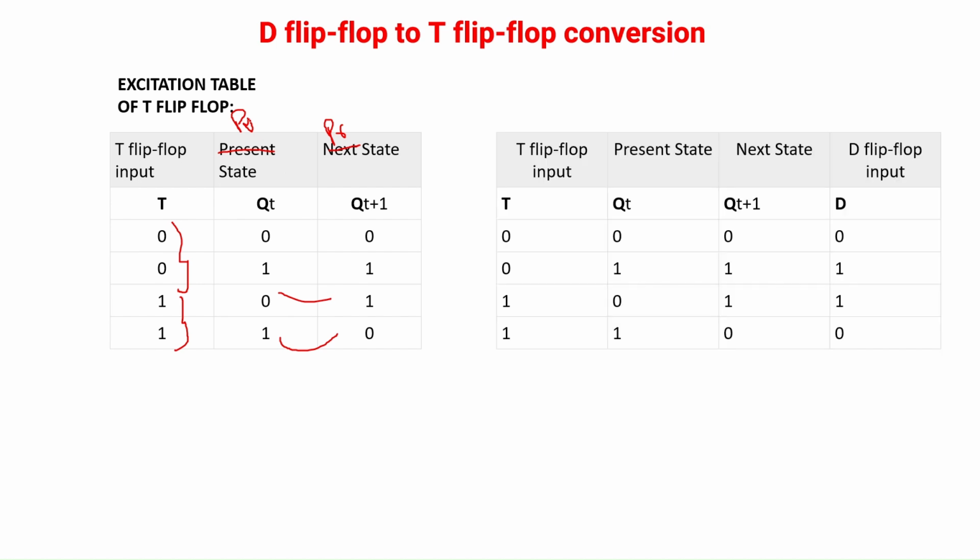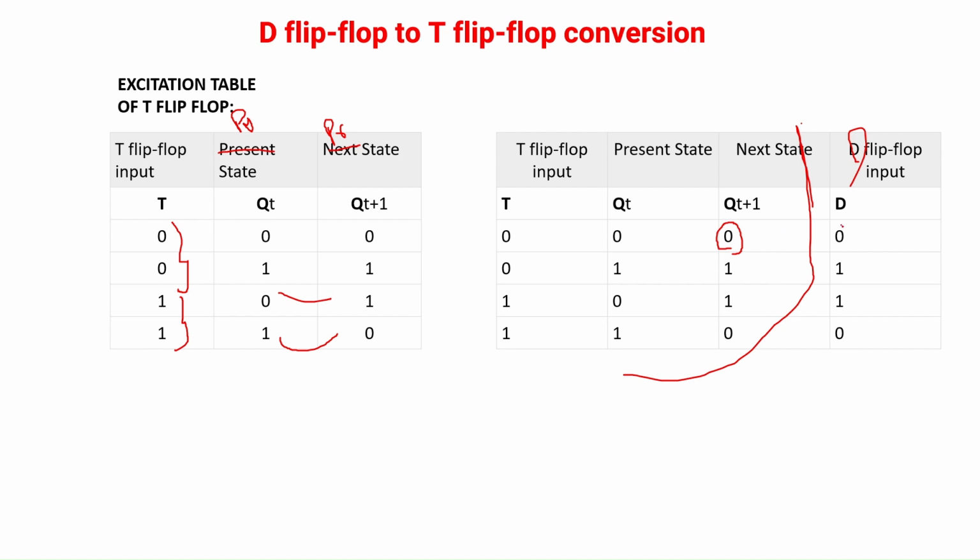Now the first 3 columns just represent the excitation table of T flip-flop, and we have to see for what value of input D we get this output value Q of T and Q of T plus 1. For the output to be 0, the input for the D flip-flop is 0.